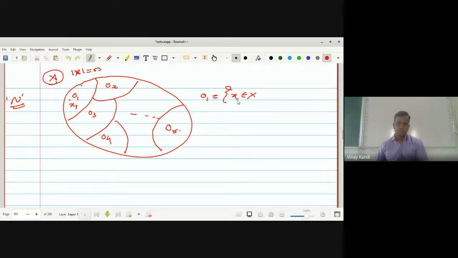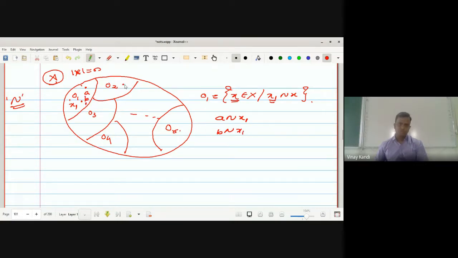So X belongs to capital X such that x1 is related to that X. Is it correct? Yes, sir. How should it be? It should be related to this x1. Suppose A is an element in it, then A is related to x1. If B is in the orbit O1, that is orbit 1, then B is related to x1.